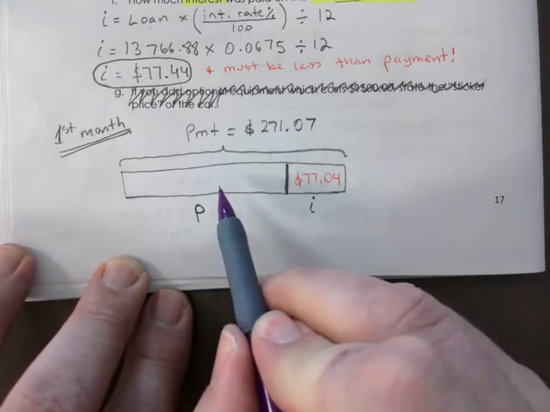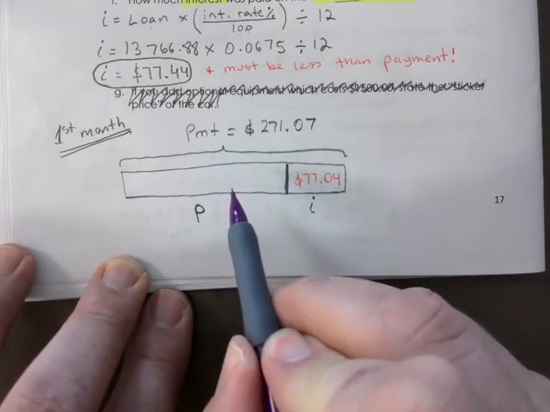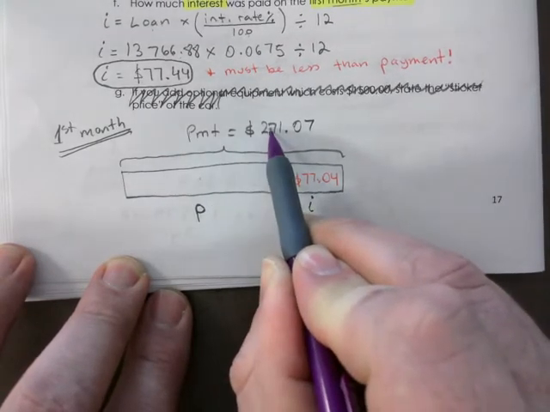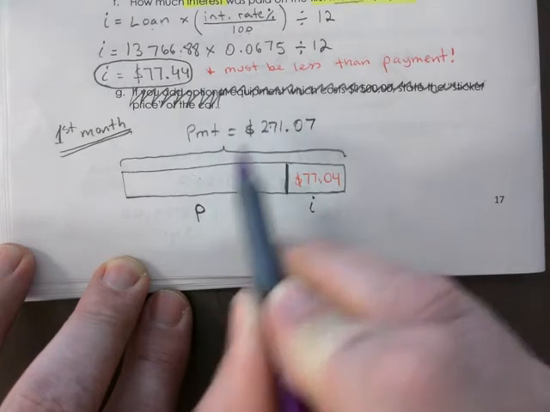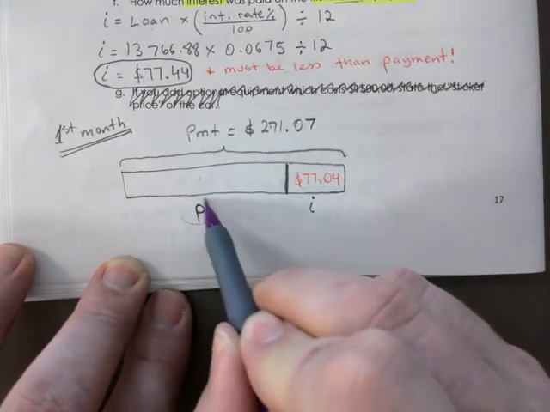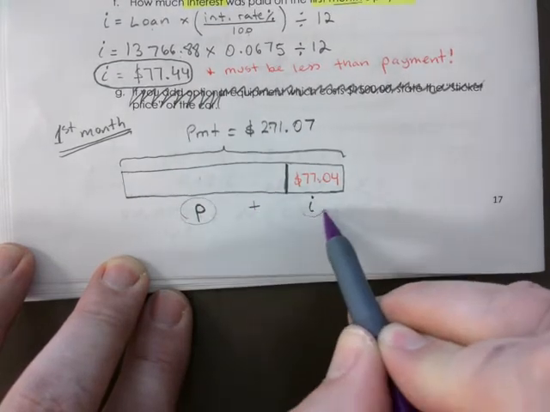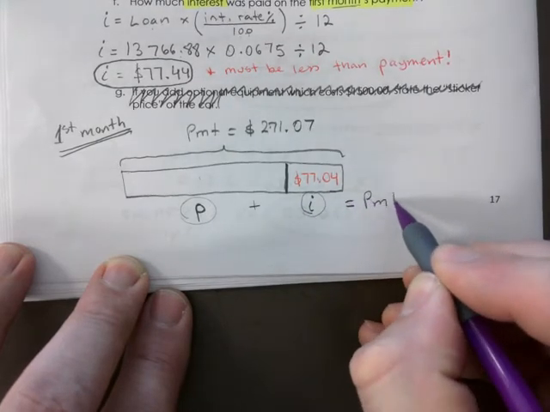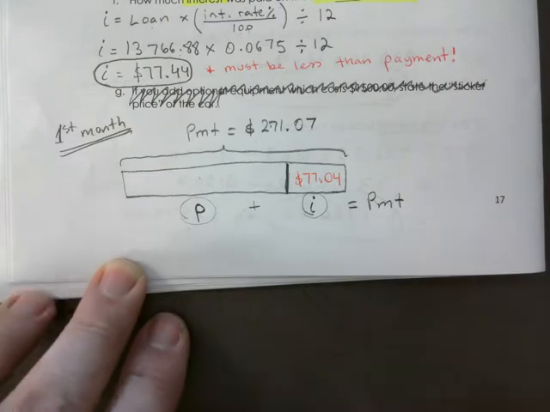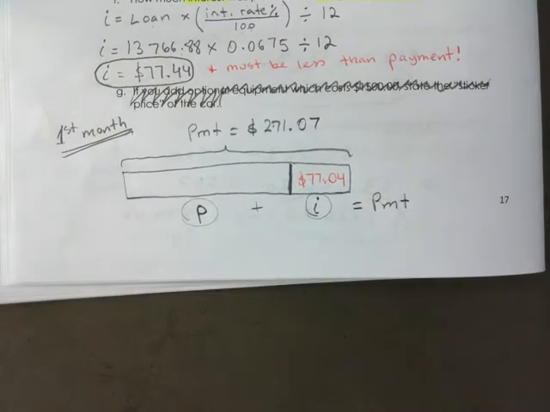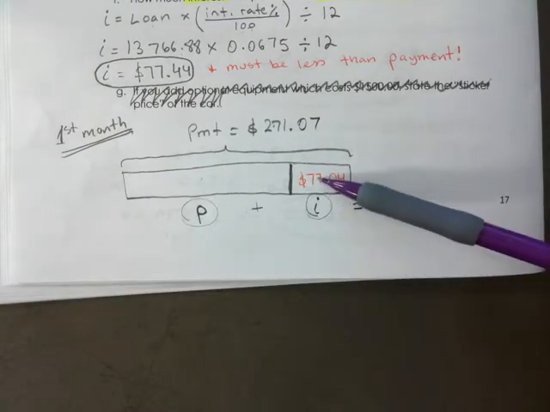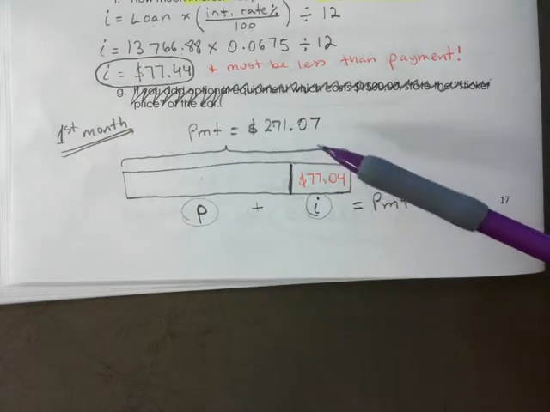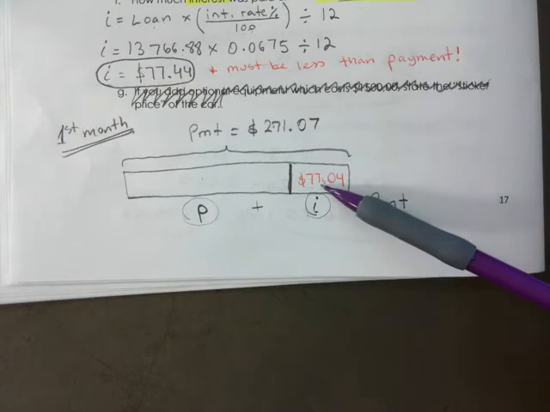And we know, pay close attention to this part, these two components always add up to your payment. I'll say that again. The lowercase p and the lowercase i will always add up to your payment. Okay. So since we now know what i is, we can just subtract, right? Take 271.07 minus this.